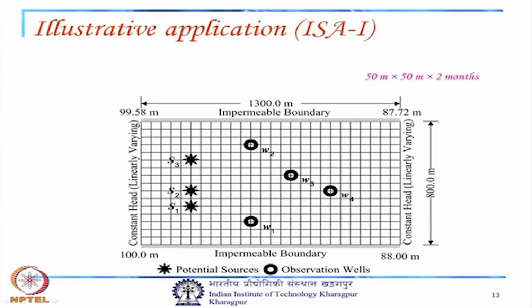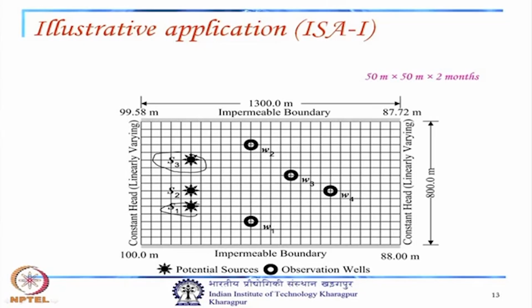So, let us consider one illustrative problem where we have three sources, S1, S2 and S3, and we have four monitoring wells W1, W2, W3 and W4.